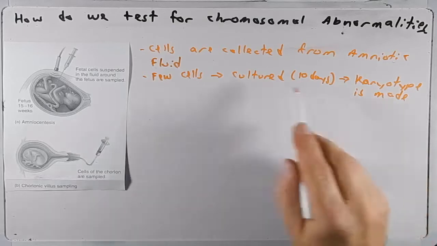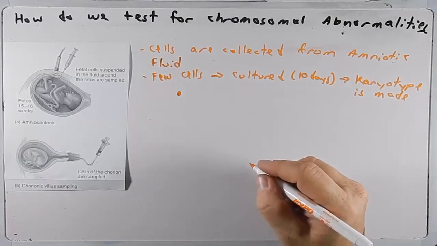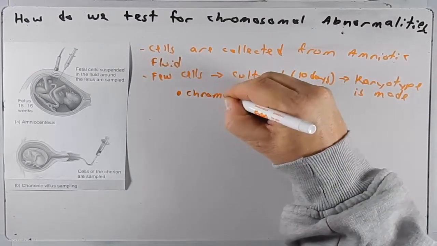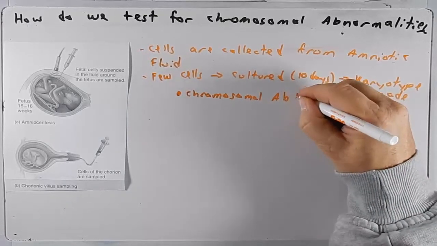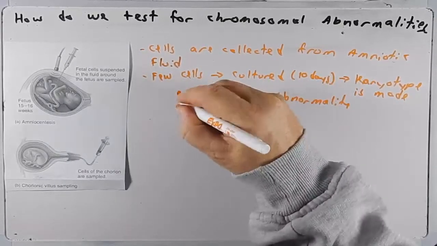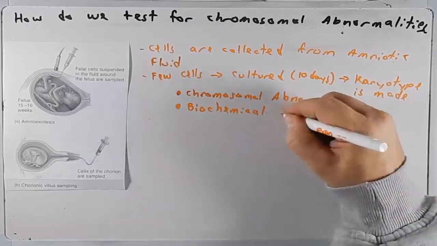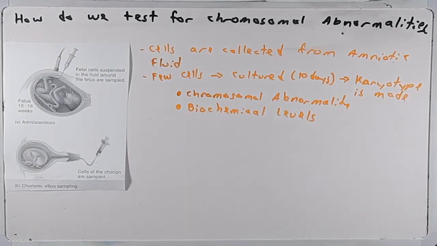Using this karyotype, as well as the fluid in general, a physician can help determine whether or not a child will have a chromosomal abnormality, and using the fluid, they can actually measure various biochemical levels. And that can also help determine various diseases that are associated with metabolism.